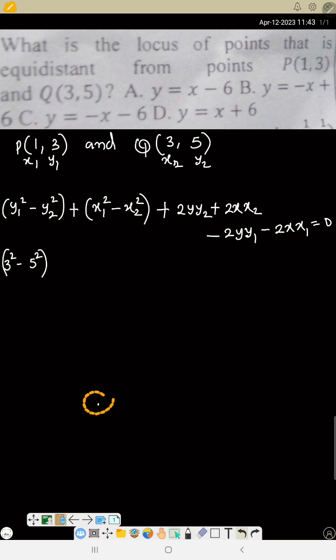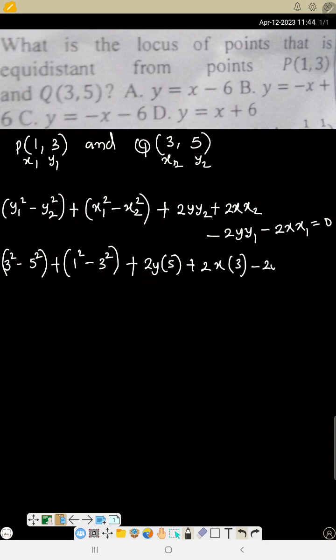So this is y1, 3, this is y2, 5, plus x1, 1 square minus x2, 3 square, then plus 2y y2, that is 5, then plus 2x x2, x2 is 3, then minus 2y y1, y1 is 3, minus 2x x1, x1 is 1.